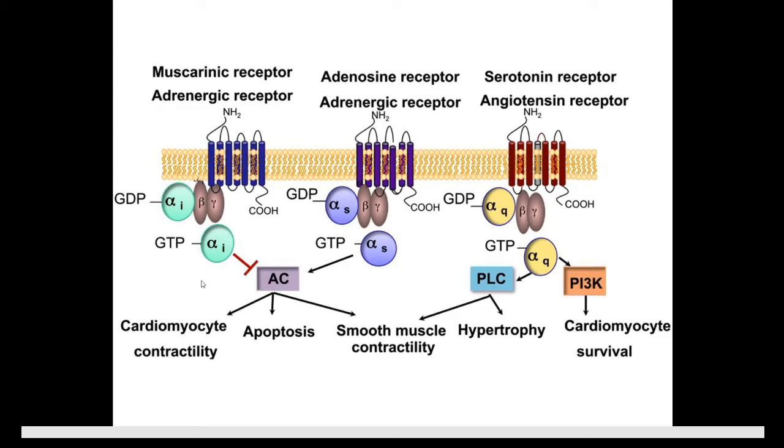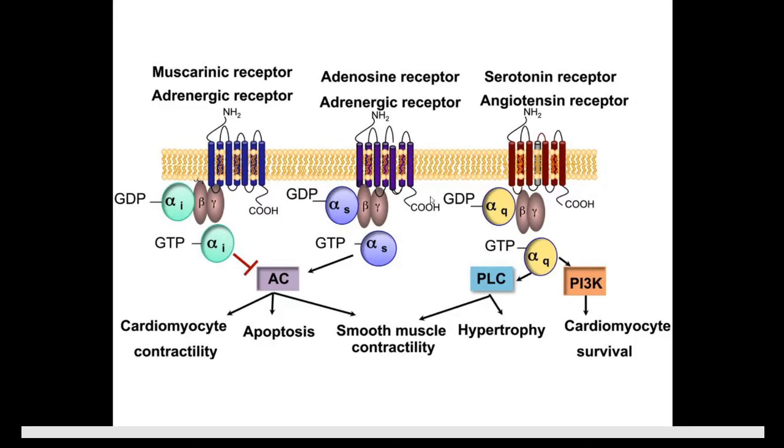This G protein activates acetylcholine and internal compounds that cause cardiomyocyte apoptosis and smooth muscle contraction. Smooth muscle contraction is a very dangerous thing, it needs to stay within a particular limit. If that limit is exceeded or declines, we face many cardiac-related problems.